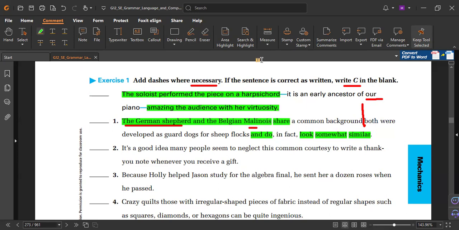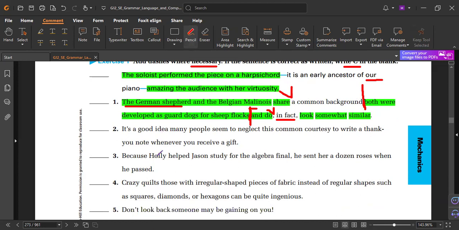So it's a compound predicate. One subject did this action and this action. And we have an adverbial in the middle between two commas. This is additional information to add details, like both were developed as guard dogs for sheep flocks. So we need a dash here, and a dash there.